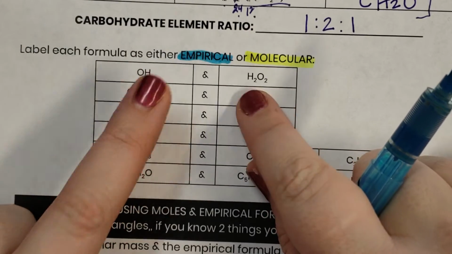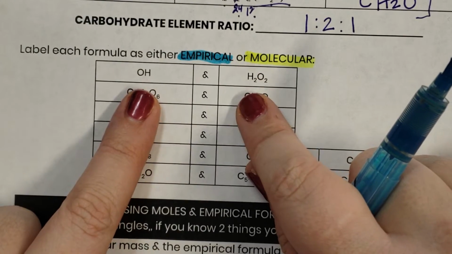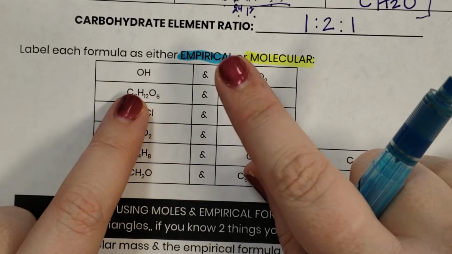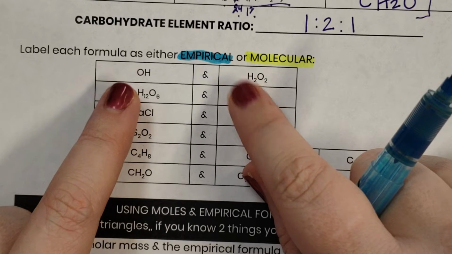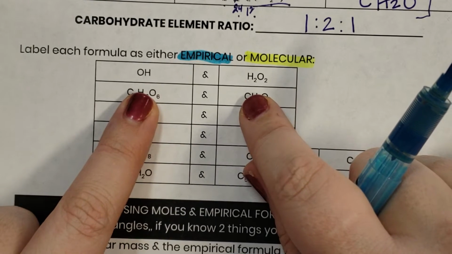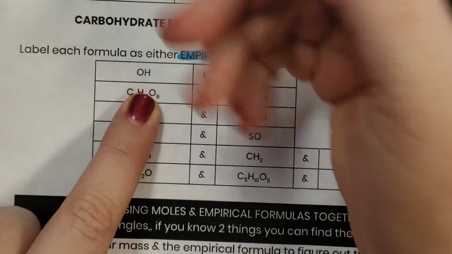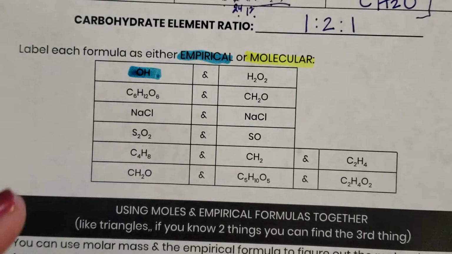Which one of these is the reduced version? See if you can pick it out for yourself before I tell you the answer. Can you do it? Do you know? Take a guess. The reduced version, or the empirical, is the OH.